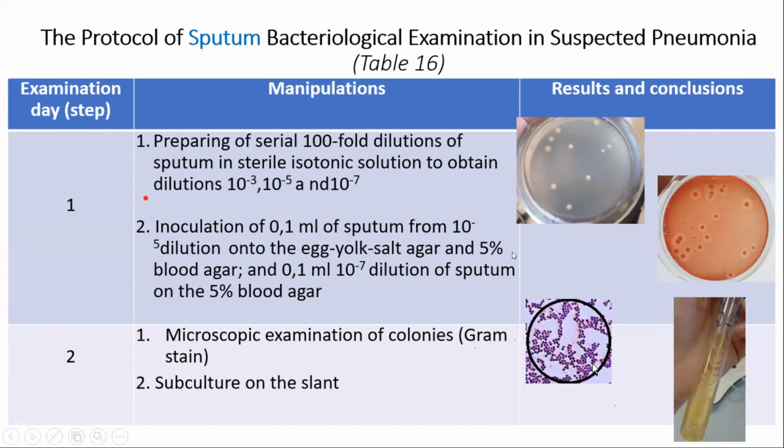Is it Staphylococcus aureus? Staphylococcus aureus: goldish pigment, lecithinase, beta hemolysis, clustered cocci, gram positive, right? Subculture on this plate, growth of pure culture. Pure culture, right?